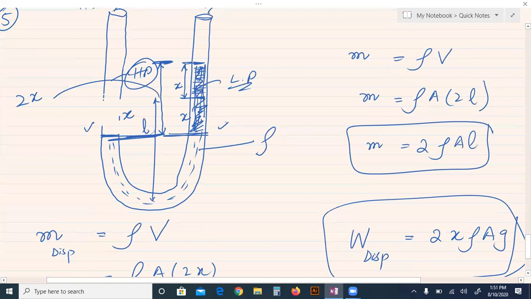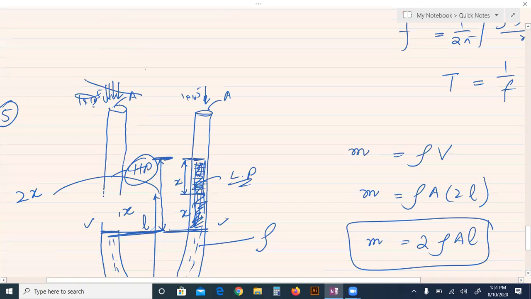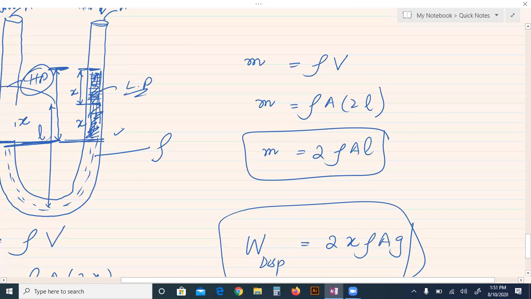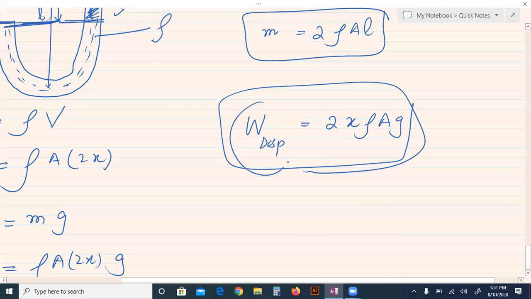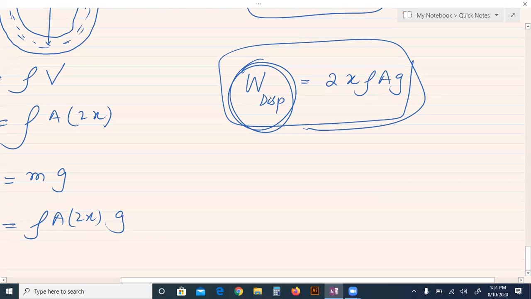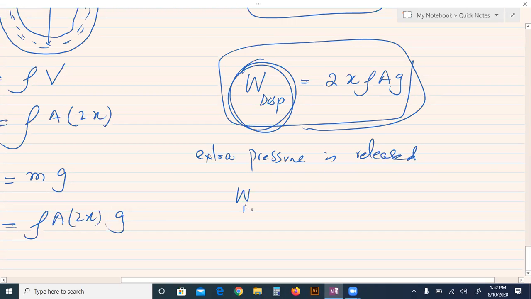Now, when this extra pressure is released, the weight of this displaced liquid becomes an unbalanced force.